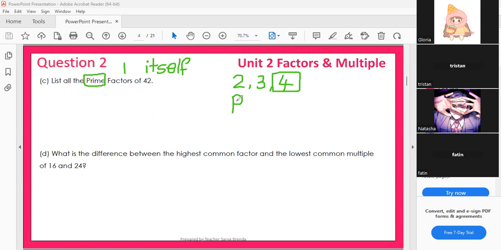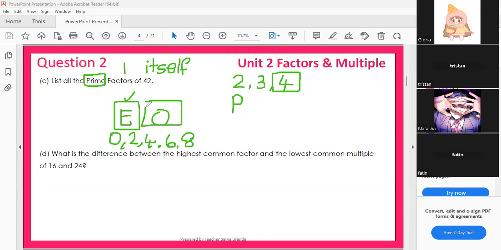2 is a prime. This is not the same as even or odd, okay? Even and odd numbers are different. Even numbers are all the numbers that end with either a 0 or 2 or 4 or 6 or 8. So, for example, 1 million is an even number.